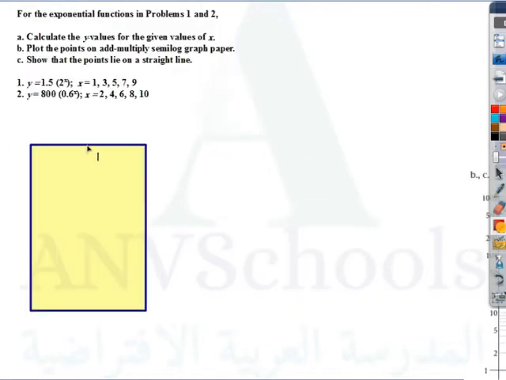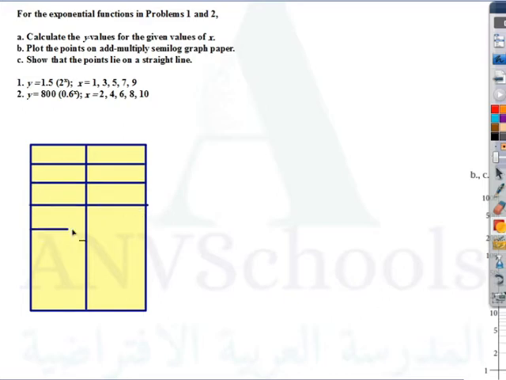Of course, we are going to plot the points for number 2, which is 800 times 0.6 raised to x, which is an exponential function. Same thing, we have 5 x values. That means we have to make at least 6 rows of cells.